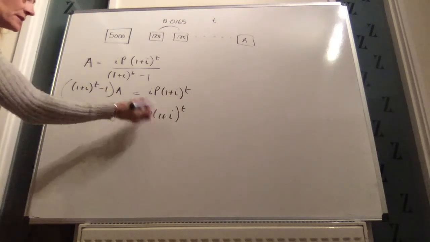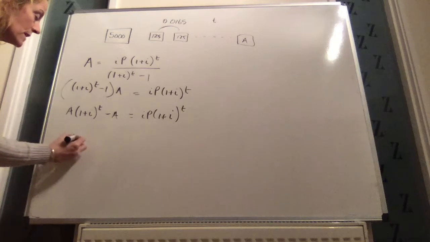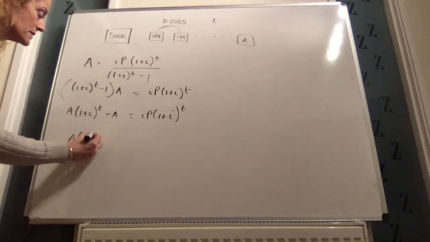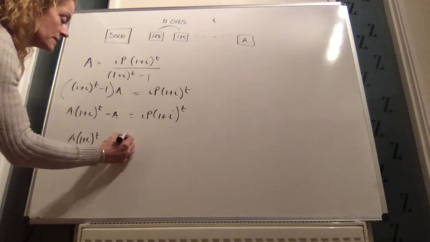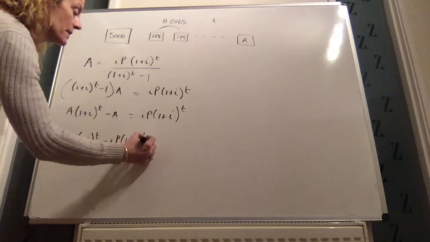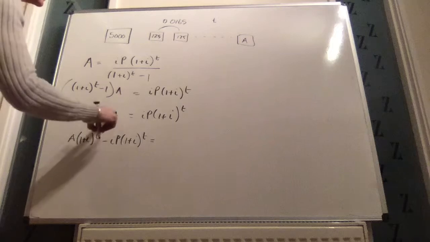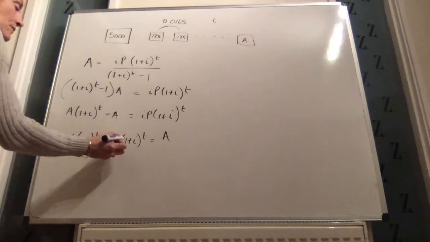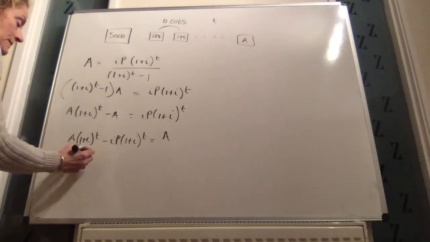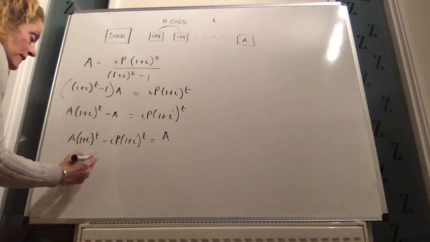We want anything with the T in it on one side. So A times (1 plus I) to the power of T minus IP times (1 plus I) to the power of T is equal to, and bring the A over, A. We now want to get the T bits on their own, so we need to factor out.